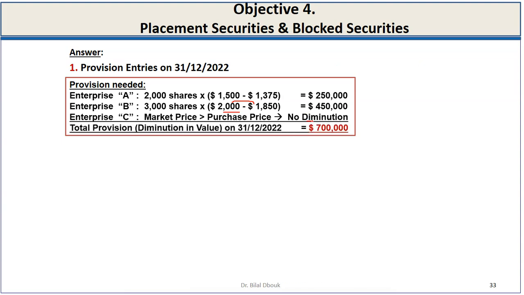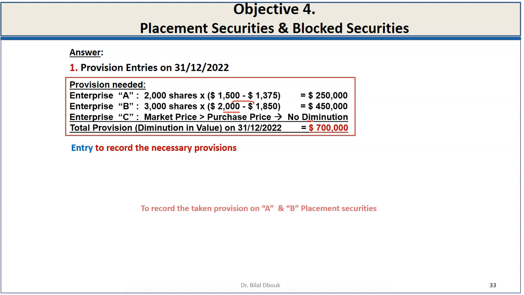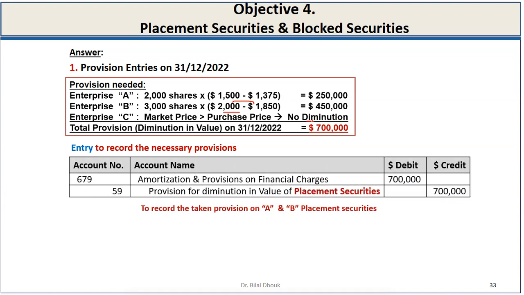So we have a total provision to be recorded at the year ending 2022 of $700,000. So the accounting entry would be: I debit 679 account, amortization and provision on financial charges, and I credit 59 account, provision for diminution in value of placement securities, by the total amount of $700,000.